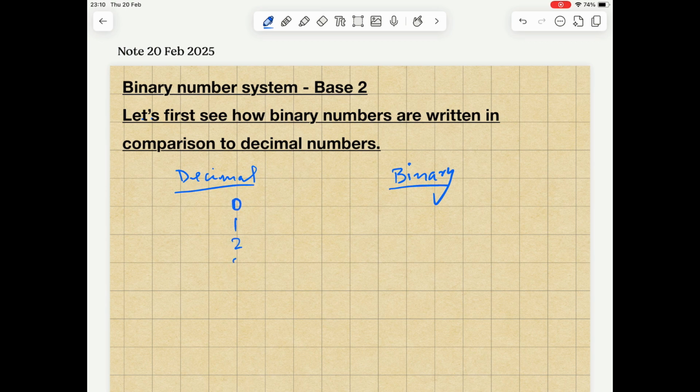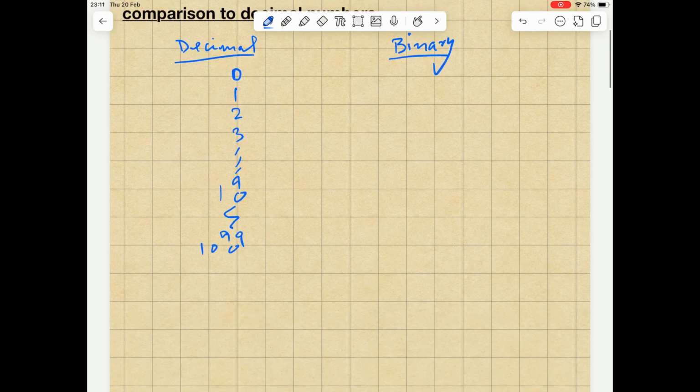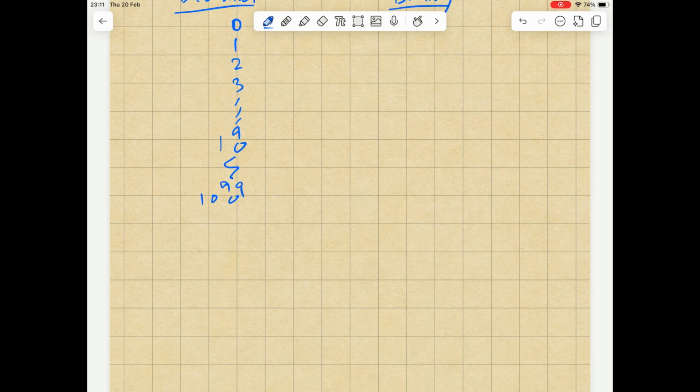The decimal system we all know goes 0, 1, 2, 3, and so on to 9, and then it goes to 10. And then 11, 12, 13, and when it reaches 99, then it becomes 100, becoming 3 digits.